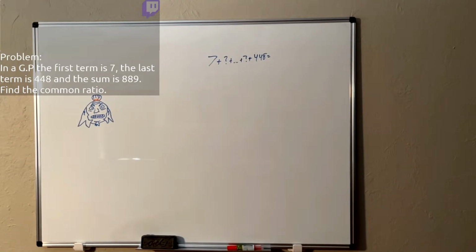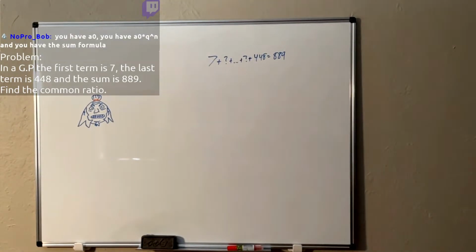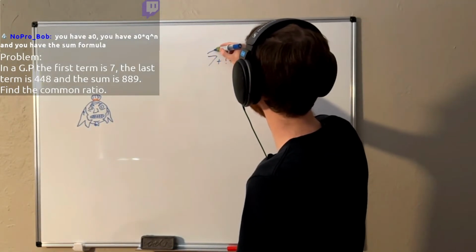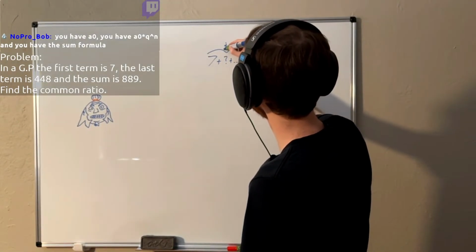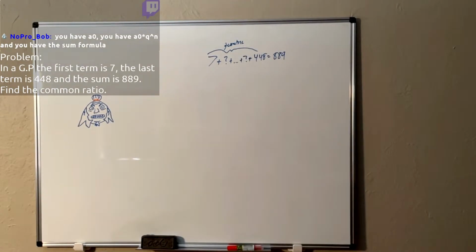It's 889. Yeah, what's the formula for a partial sum? I only know the one for the infinite sum.